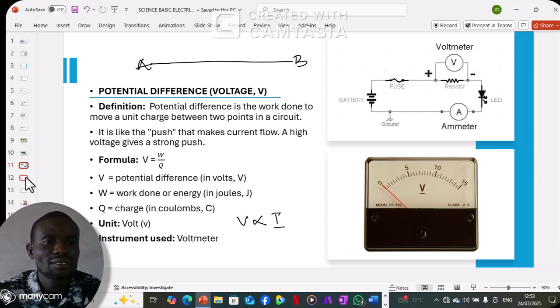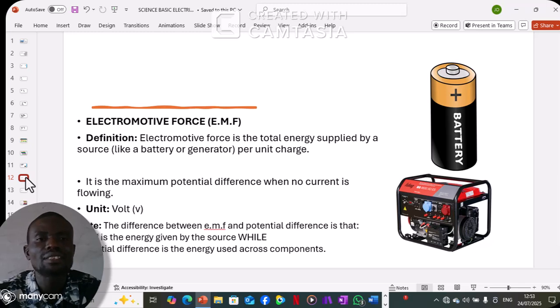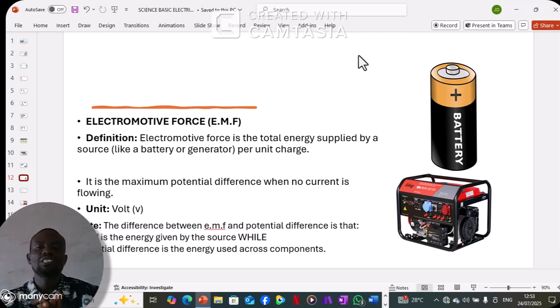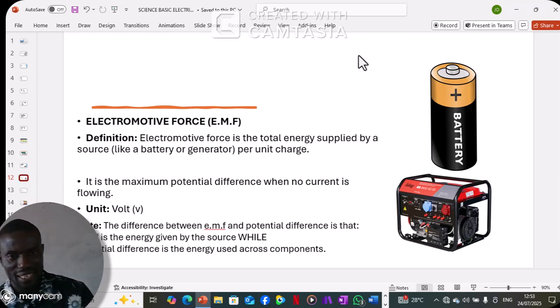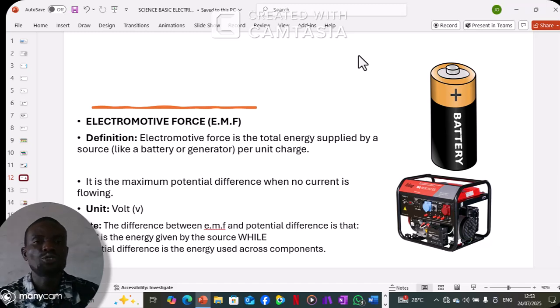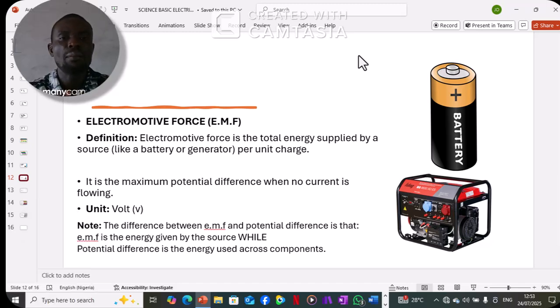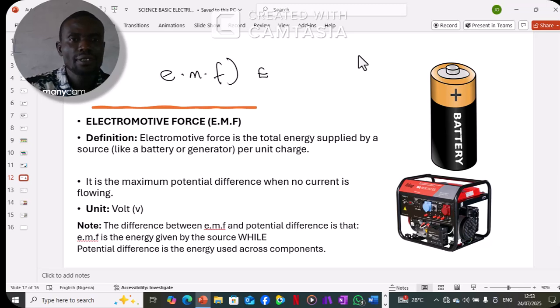Now let's continue. There is another important physical quantity in electricity that you need to understand. That is electromotive force, or simply EMF. You use the capital letter E to denote electromotive force. Electromotive force is the total energy supplied by a source, like a battery or generator, per unit charge.